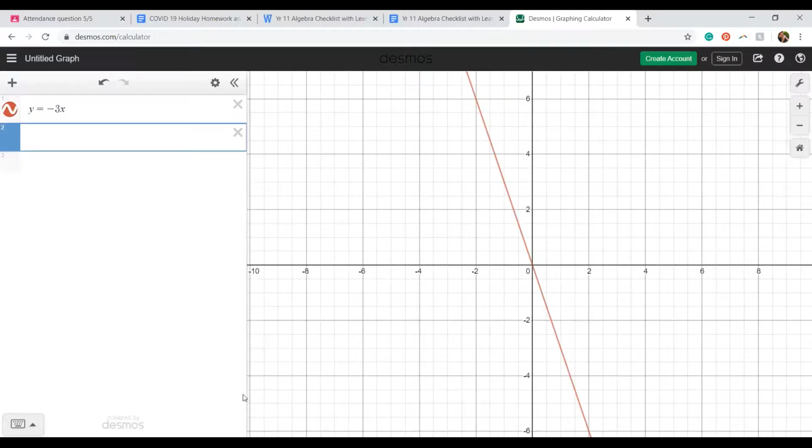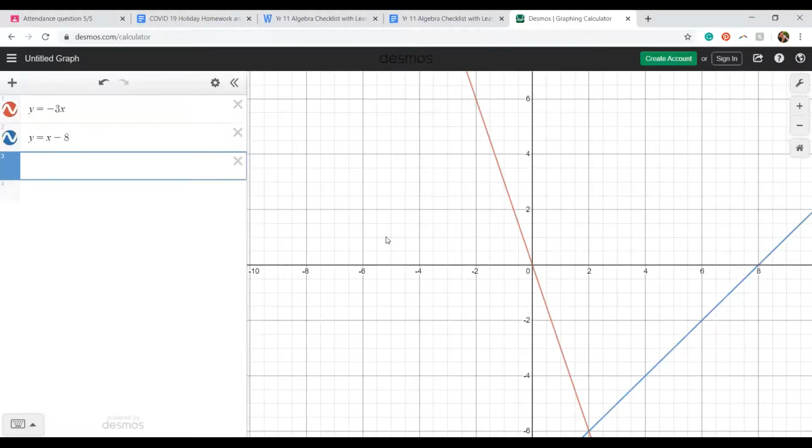I'm going to just double check that those are the equations that we wrote down. Yep. The other equation for you to do is y equals x take away 8. And bang, you should have 2 lines. They may be different colors, but you should have 2 lines.